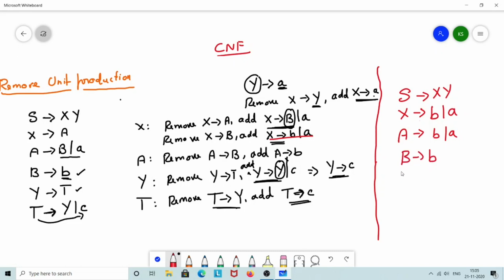And finally, we have y gives C and T is giving C. So this is the final solution after removing all the unit production from my grammar. As you can see, there is no single unit production present in the grammar, right? So this is about removal of unit production.